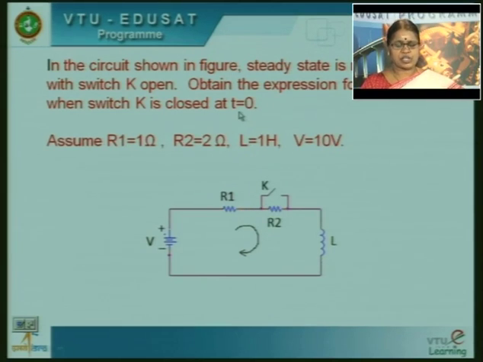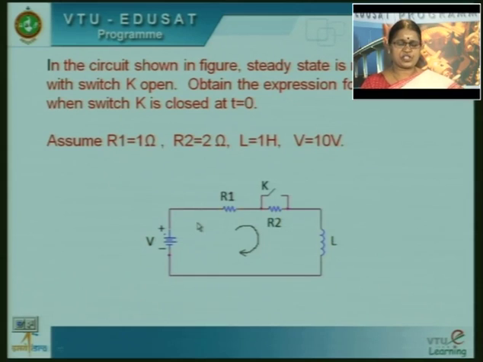At t is equal to 0, when we close the switch, there is no current flow through R2. So, the equivalent circuit is the voltage source in series with resistor R1 in series with inductor L. Instead of having two resistors, the effect of R2 is eliminated.